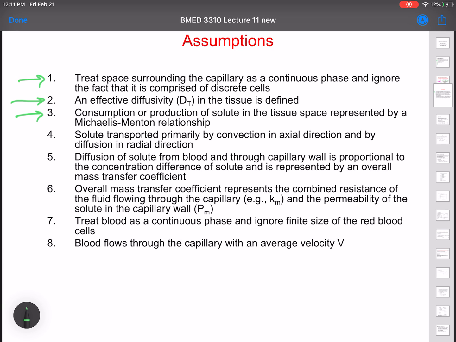We're going to assume that the consumption, it could be production, but we're considering consumption, follows the Michaelis-Menten relationship. Actually, we're going to assume that it's a constant. So how much of a simplification is that?